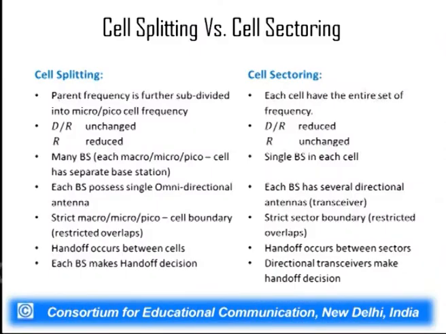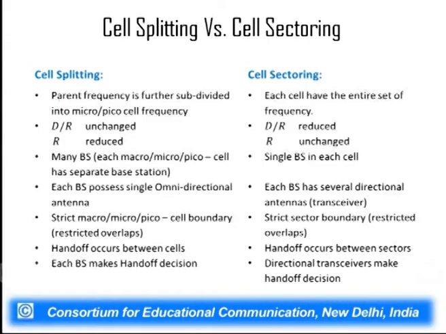The channel reuse ratio is not disturbed in cell splitting, which is a very advantageous point, but the radius gets reduced, and since the radius gets reduced, we have micro and pico cells. But in cell sectoring, we are not disturbing the radius of the hexagonal cells, but rather we are reducing the channel reuse ratio.